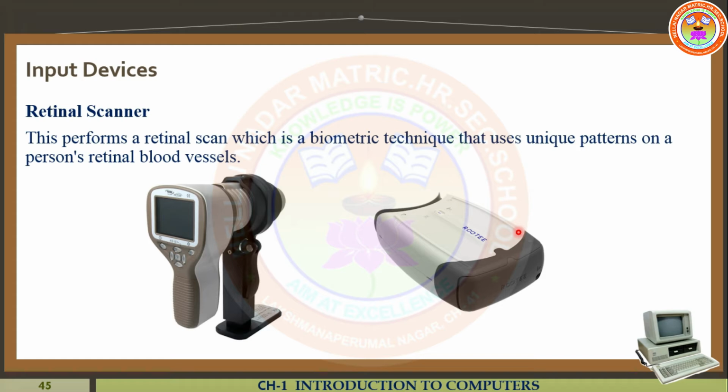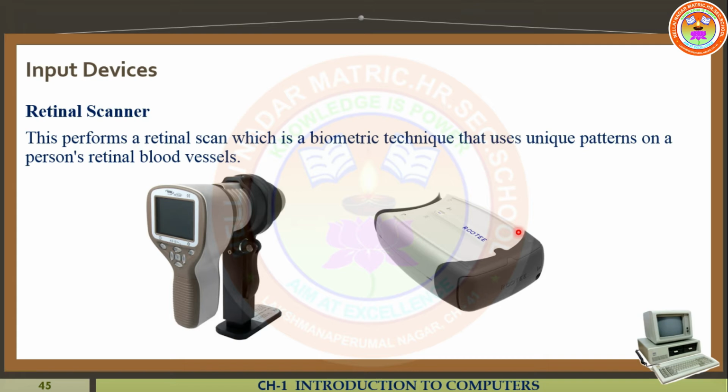Okay. Right. The next input device is the retinal scanner. So what is a retinal scanner? You all are aware of that. Using this device, they can do retinal scanning. With the help of this biometric technology, we can scan the retinal blood vessels.